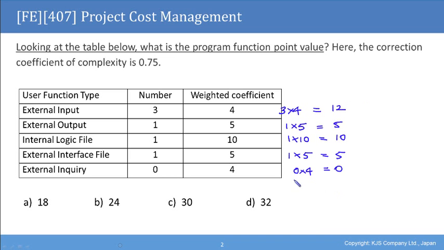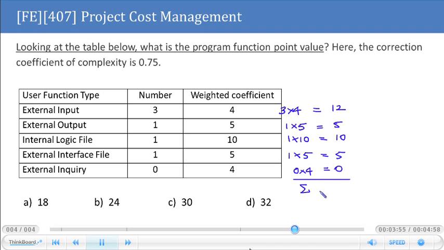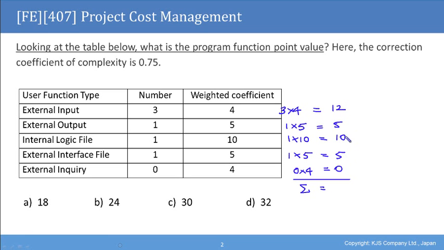And if we sum this up, so if I draw a line and make a total, then the sum is 12 plus 5 plus 5, which is 22, plus 10, which is 32. So the sum total gives us 32. If you've seen the answers, you might be tempted to say answer D, but it's not, because we are given that the correction coefficient of complexity is 0.75, so we're not quite finished.